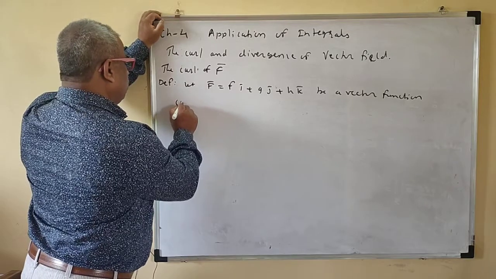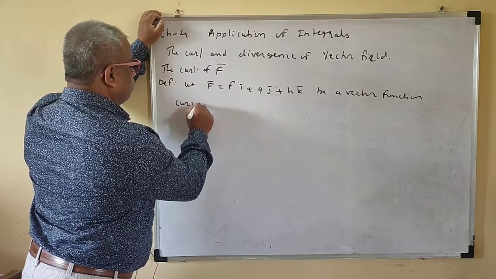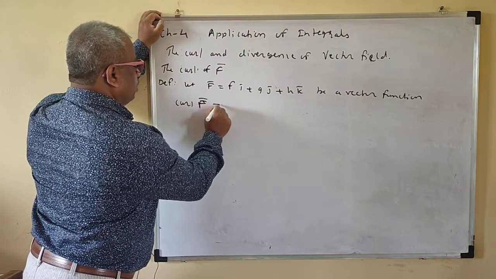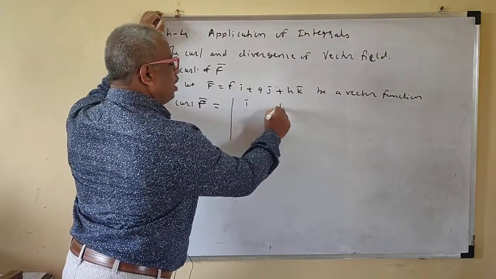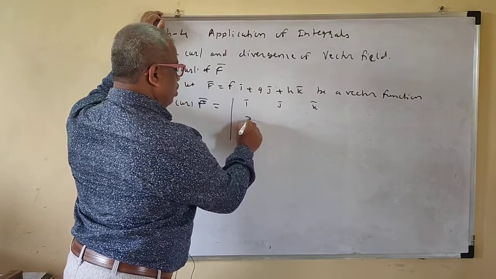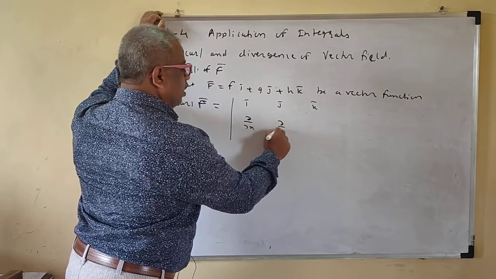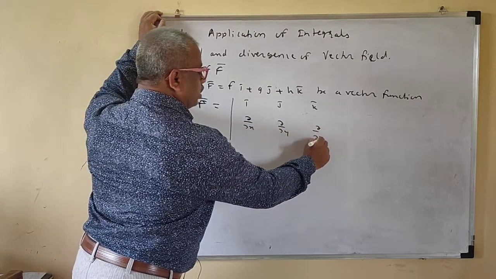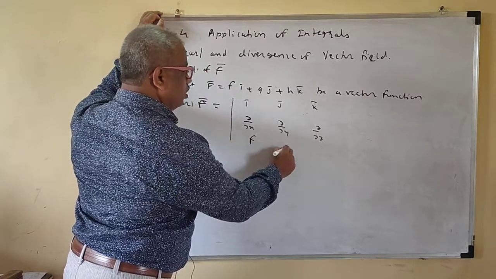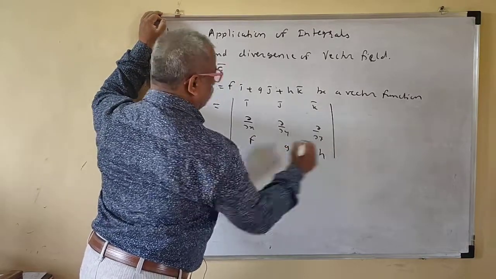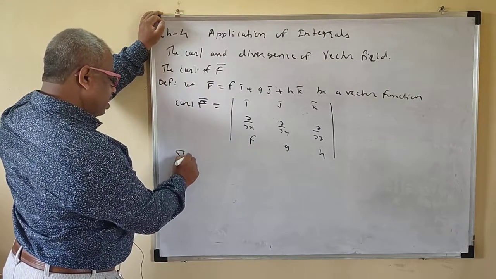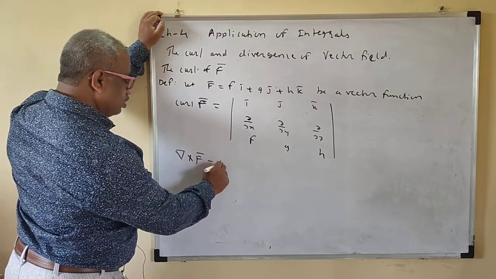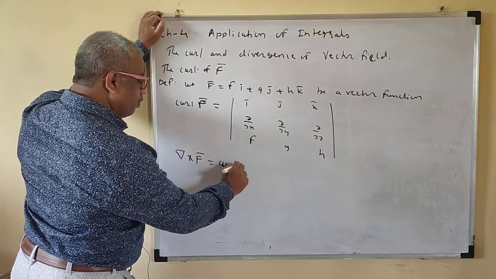Then curl of f bar is nothing but the determinant of i bar, j bar, k bar, ∂/∂x, ∂/∂y, ∂/∂z, f, g, h. This is also denoted by nabla cross f bar. This is curl of f bar.